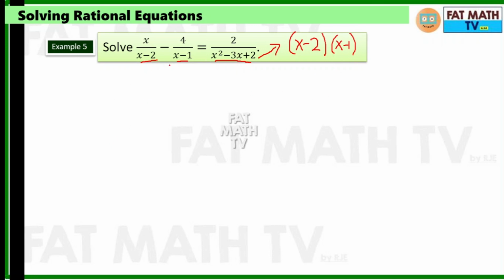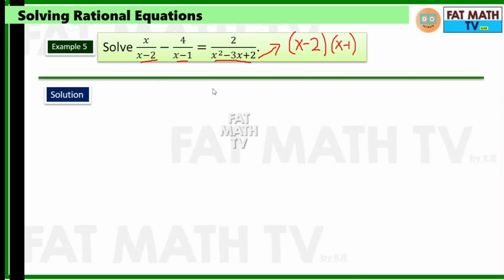So we have to multiply both sides of the equation by x minus 2 times x minus 1, because the LCD is just x minus 2 times x minus 1. So multiply each of the terms by x minus 2 times x minus 1.